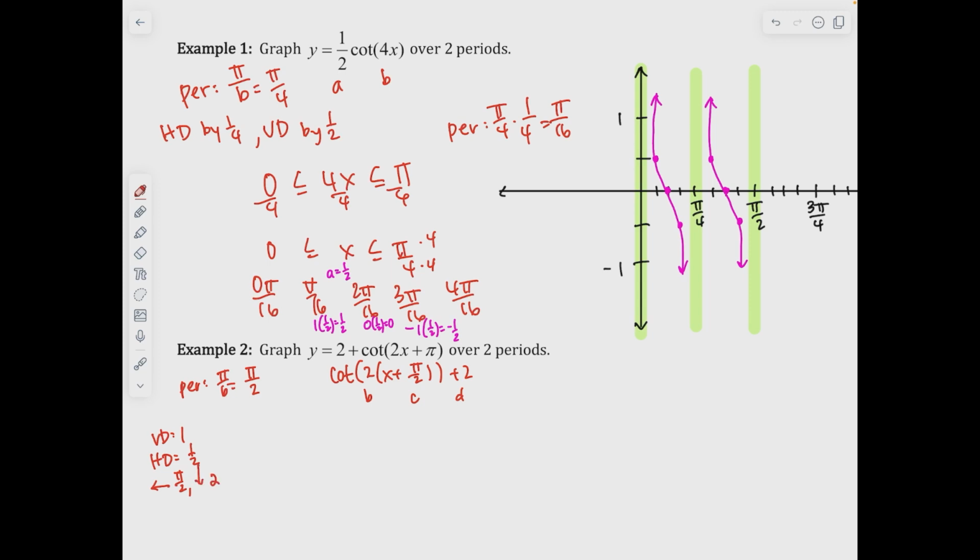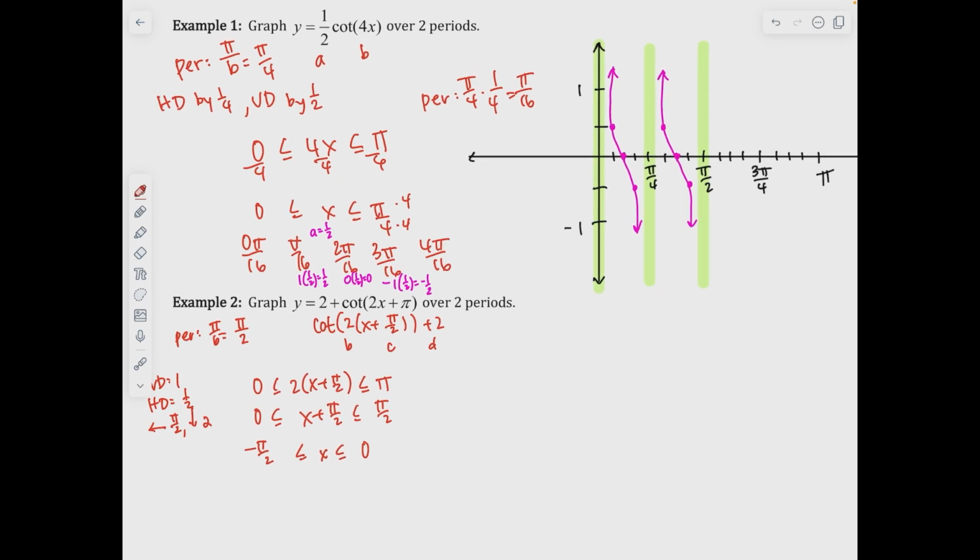My period length is pi over 2. So what's going to happen is I have 0, 2 quantity x plus pi over 2, and I have pi. So divide by 2, and this is pi over 2, and then I minus the pi over 2, so that would be negative pi over 2, and then if I minus the pi over 2 again, that would put me at 0.